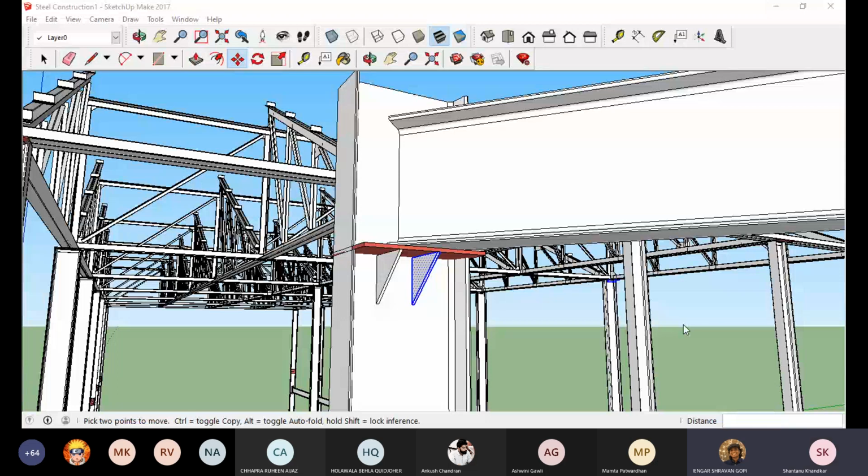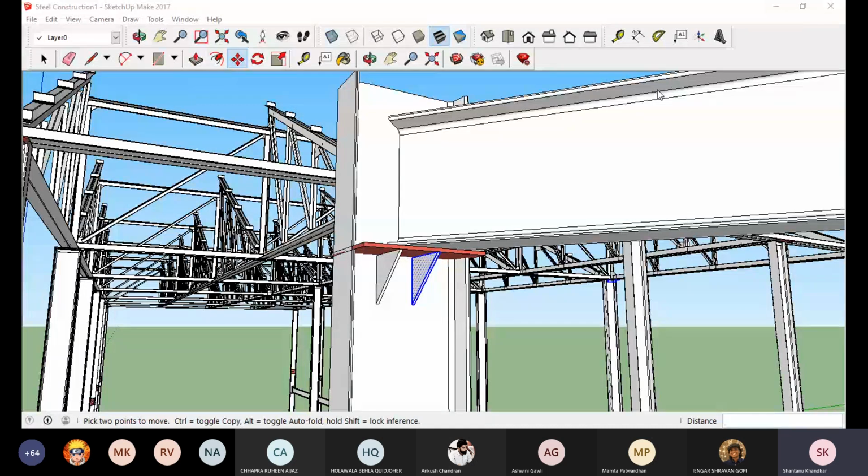If you have a circular beam, if it's in steel, it would have to get built up like that, with part sections.